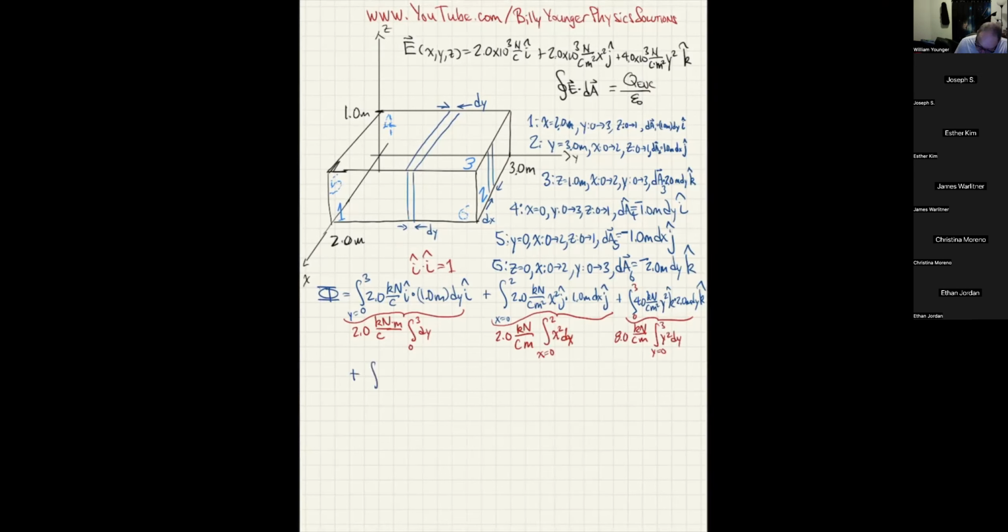I'm going to get the integral from 0 to 2 of 2.0 kilonewtons per coulomb i hat dotted with negative 1.0 meters dy i hat again, plus integral from x, oh, that was supposed to be a dy, excuse me. So that's from y equals 0 to 3, actually, not 2.